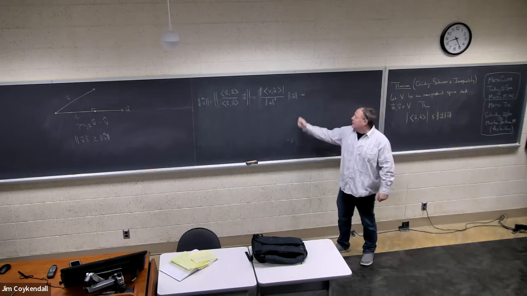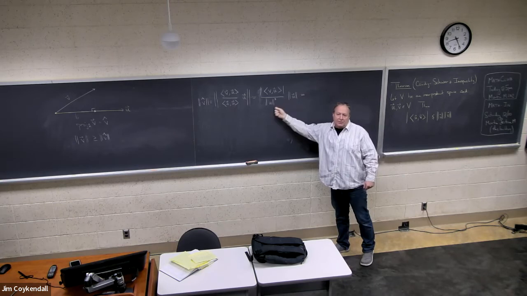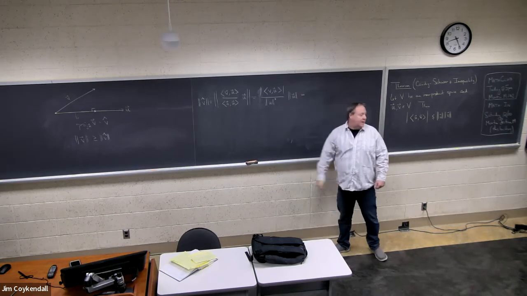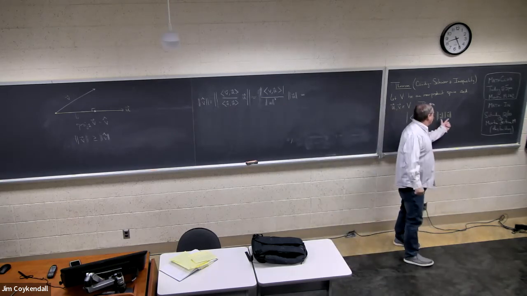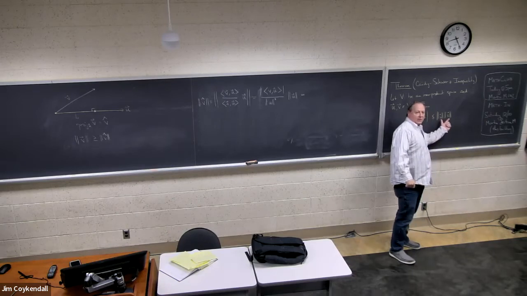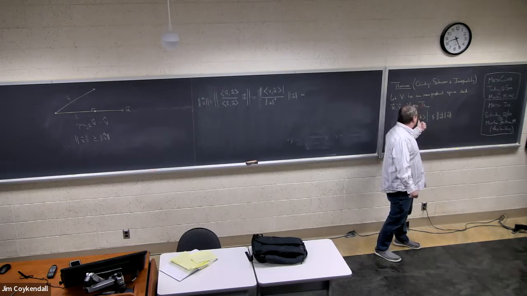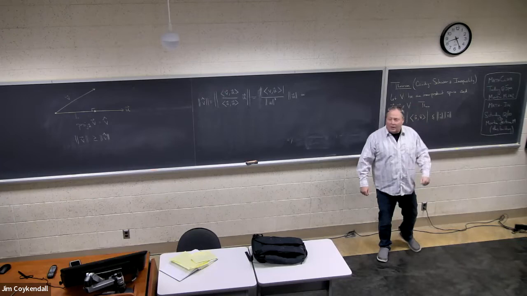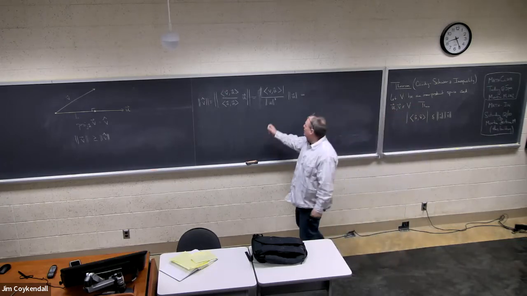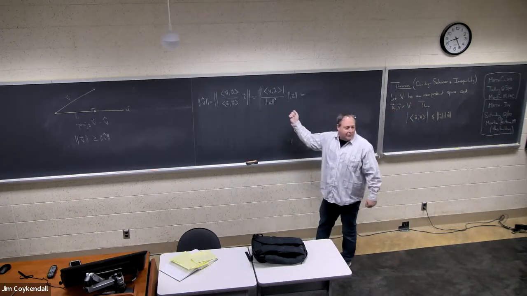When I cancel this, of course, I am assuming that the vector U is not of zero length. But let me point out at the beginning that if either U or V is of zero length, then this is certainly true. Because if, for example, it means zero length, that means it's the zero vector. So I'm assuming here, and I should have said it earlier, that neither vector V nor U is zero.